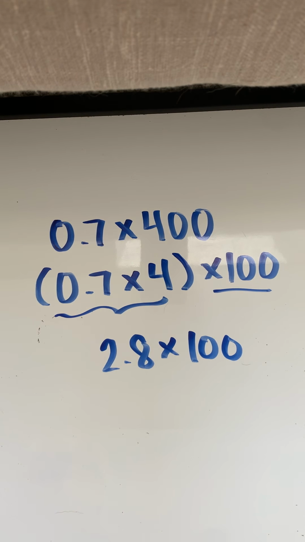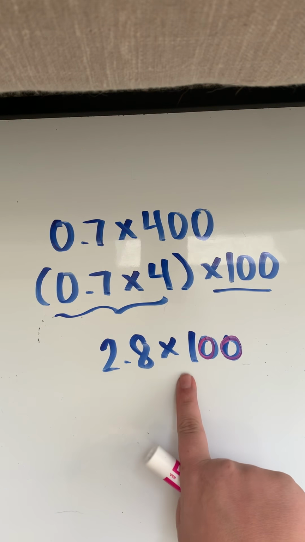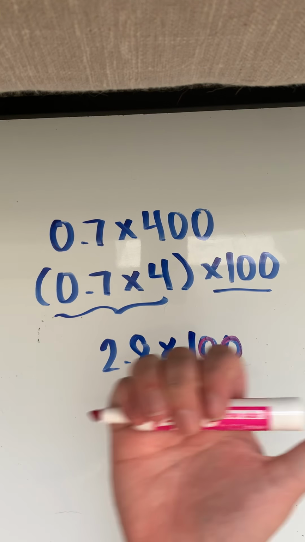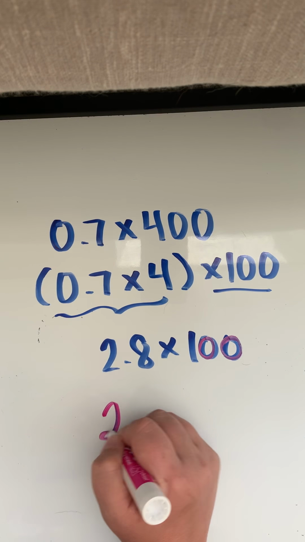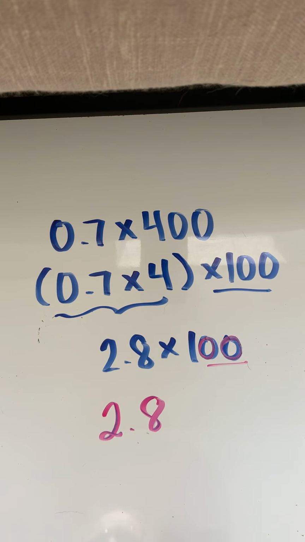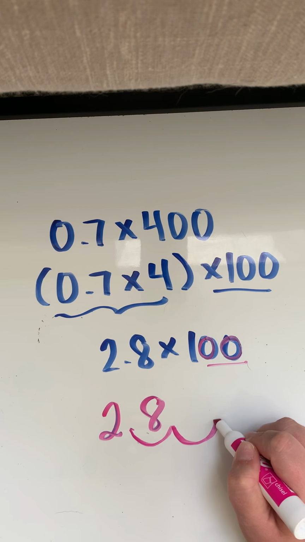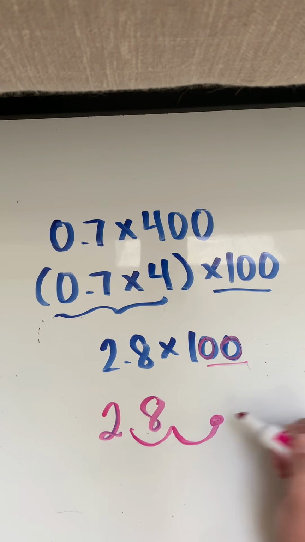So now we're ready. How many zeros do we have in 100? Good, we have 2. Now if I multiply, I'm going to move to the right. Good job. So here I am, I'm going to rewrite it, and I'm going to move it 2 times to the right because I'm multiplying. 1, 2. Mark my decimal.